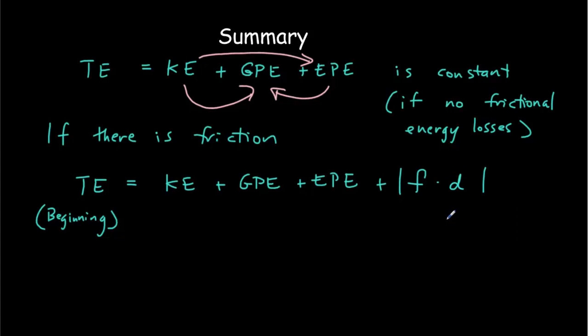So in many cases, the frictional force will not be constant, but we could use an average force there. But all in all, if the total energy doesn't equal the sum of the kinetic energy and potential energies, then some of the energy was lost due to friction, and we can figure out how much at any point in the motion.